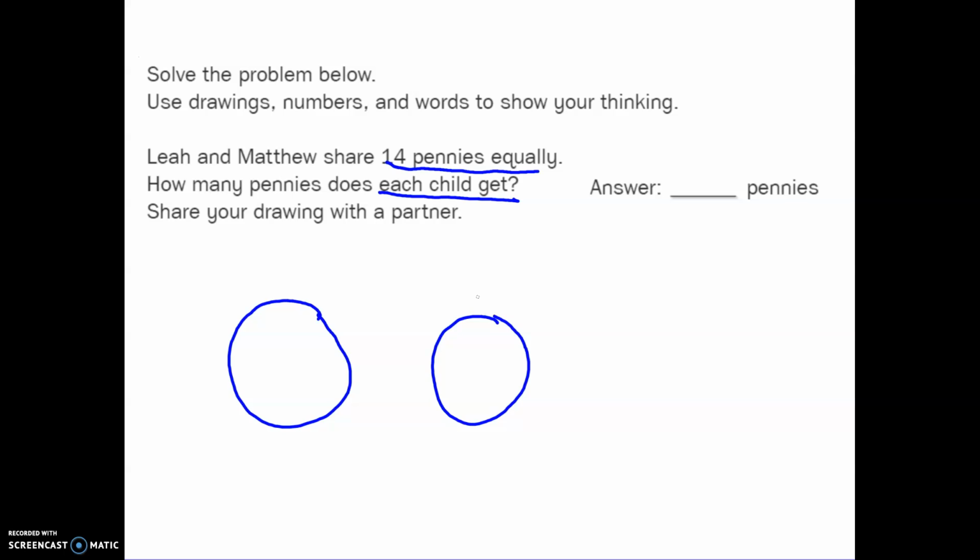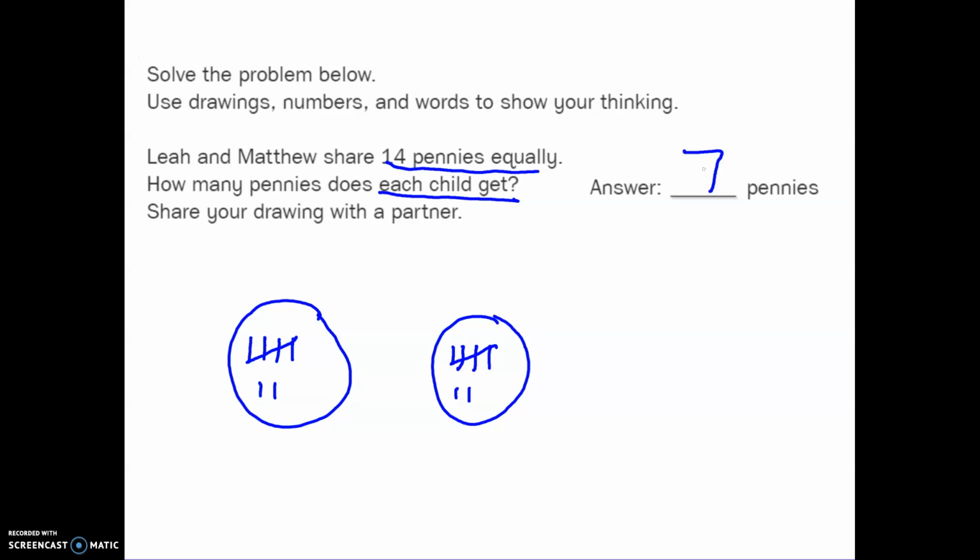I'm going to use tally marks because it's nice and neat and tidy and easier to count in the end. 1, 2, 3, 4, 5, 6, 7, 8, 9, 10, 11, 12, 13, 14. Stop. Now, how many pennies did both Leah and Matthew get? 5, 6, 7. They each got 7 pennies.